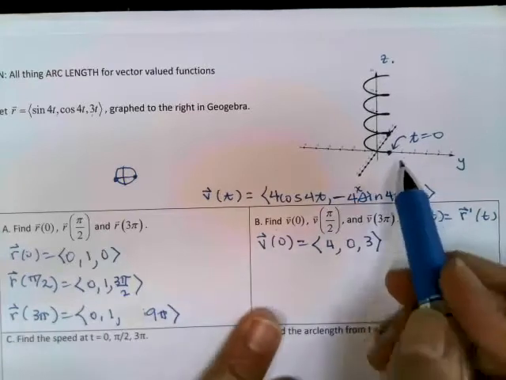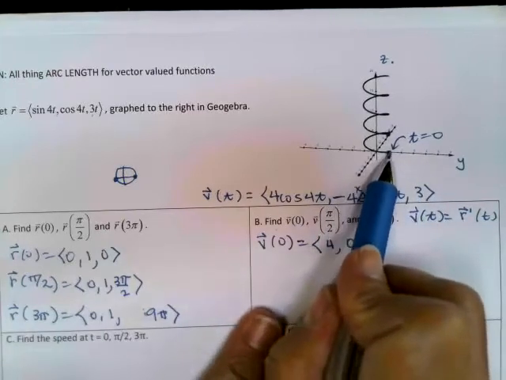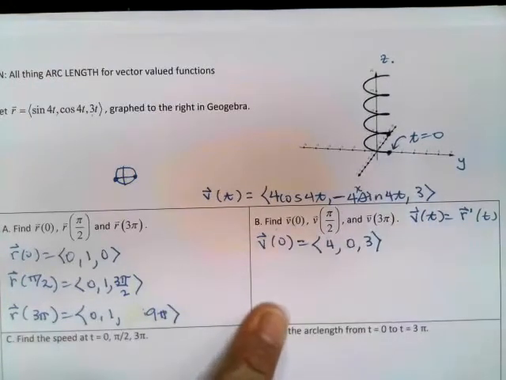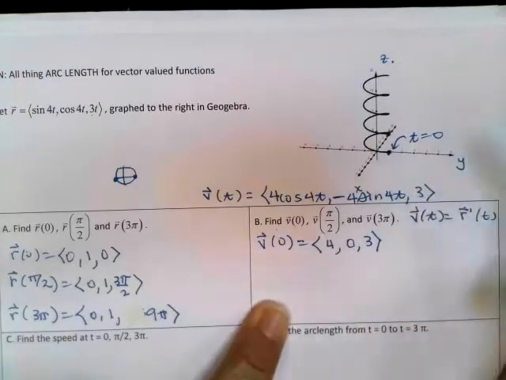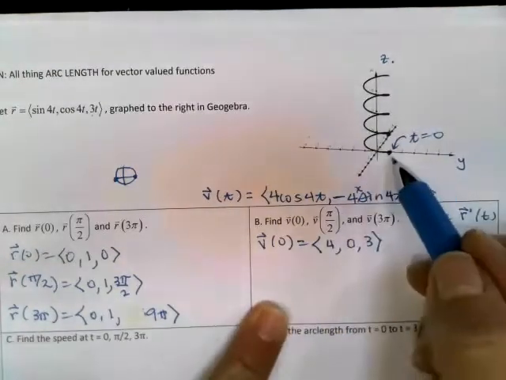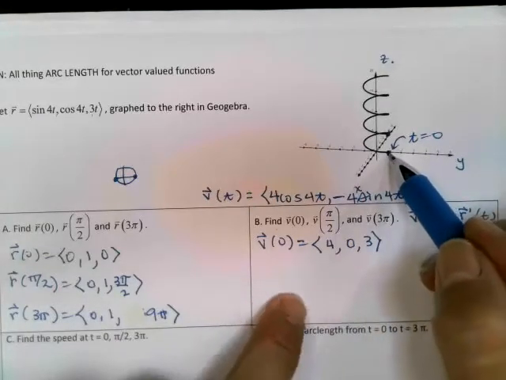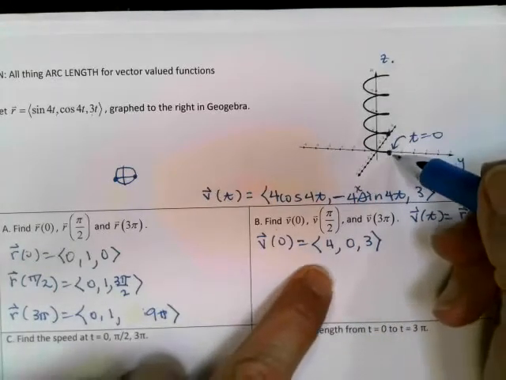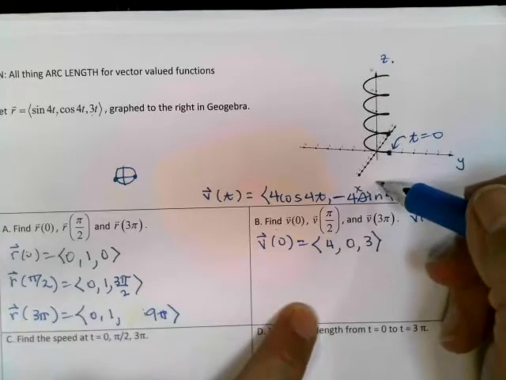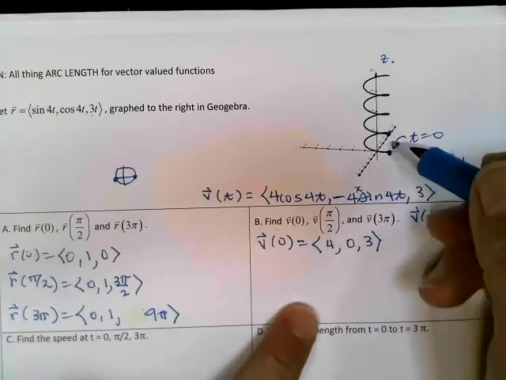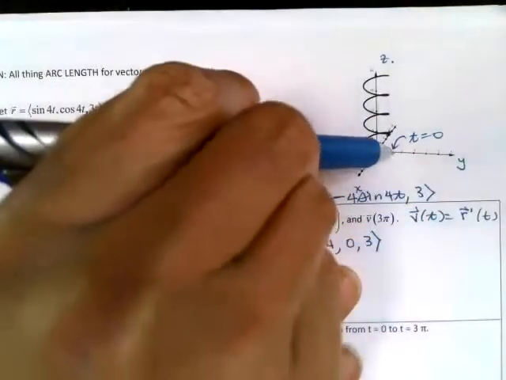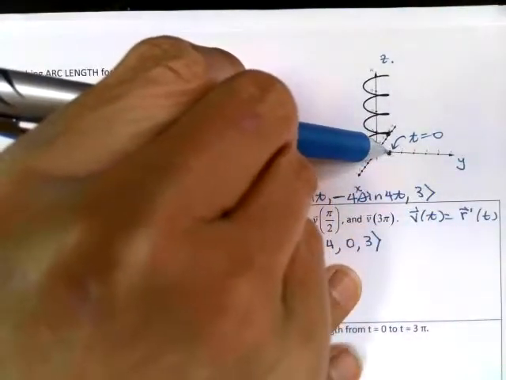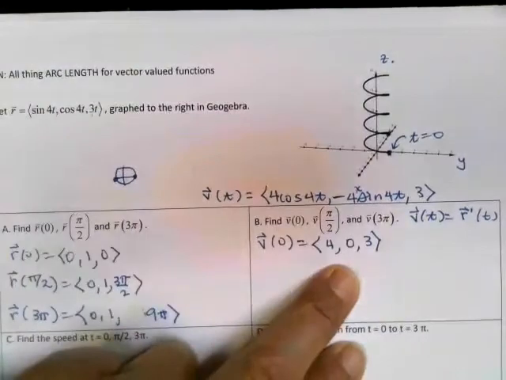The position function is going from the origin out to that point. Okay, that makes sense. The velocity is the direction that this particle is moving, so if this is the path of a particle at this particular time, it's moving 4 units in the x direction, nothing in the y, and then 3 units up in the z. So it's coming out this direction from that point. Cool.